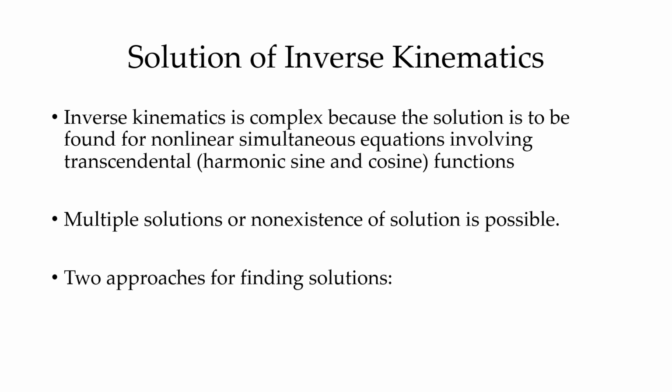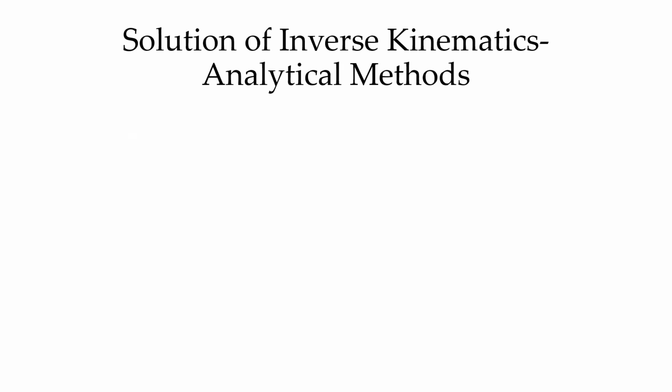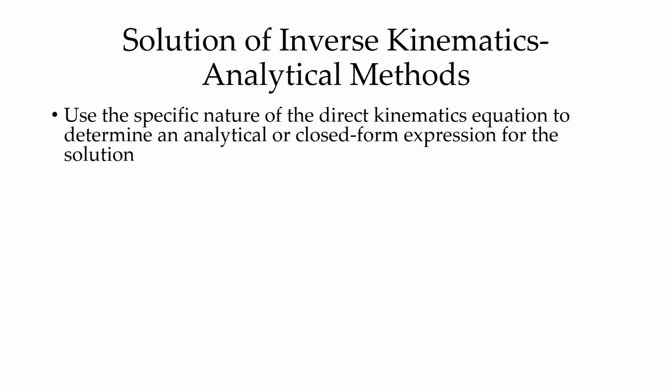There are two approaches for finding a solution to inverse kinematic problems. One is analytical methods, the other is numerical methods. The analytical method is basically solving the equation by manipulating it here and there, and we will get some kind of expression. So using analytical methods, we will make use of the structure of the equation, and we will try to find a solution for the equation by working it out by hand.